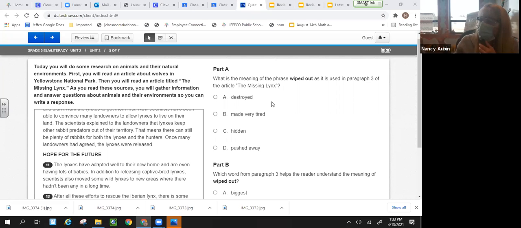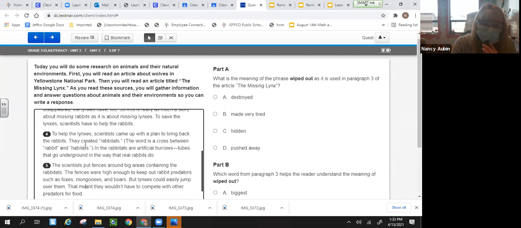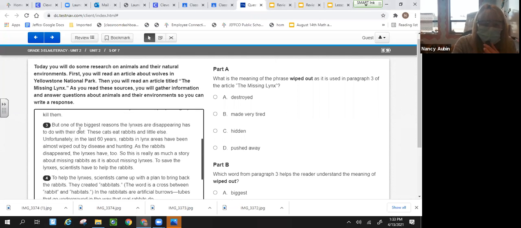All right, so this is what we did, Serene and Elena and I. We went back to the text and it tells me paragraph 3. Remember, these numbers here are there for a reason. I can go right back to it. I'm going to go ahead and highlight where it says wiped out.